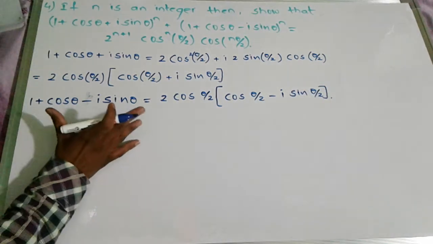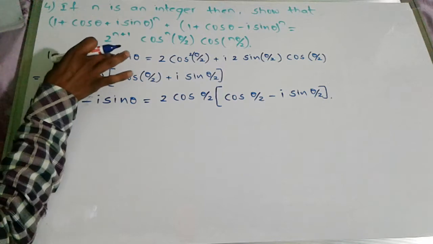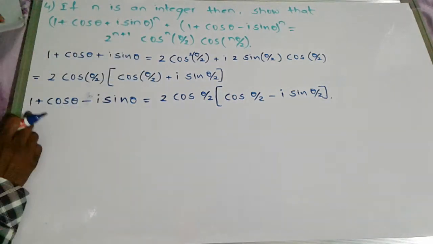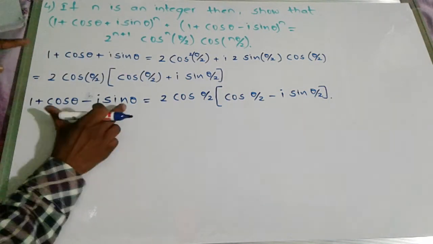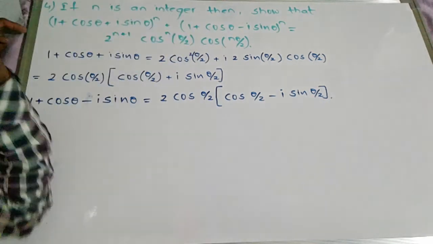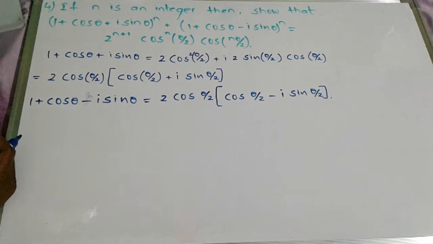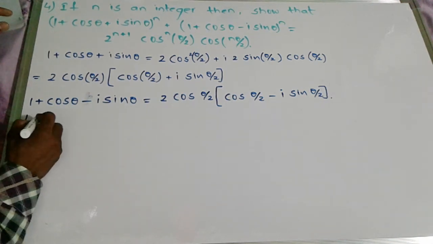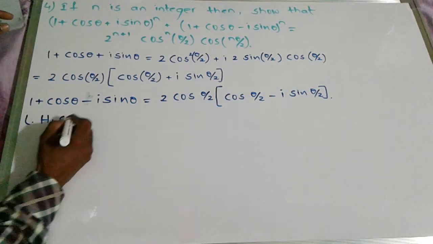So we have to substitute these values, 1 + cos θ + i sin θ and 1 + cos θ − i sin θ, here in the LHS part. So to do that we have to consider the LHS part, right? So I am considering the LHS part.